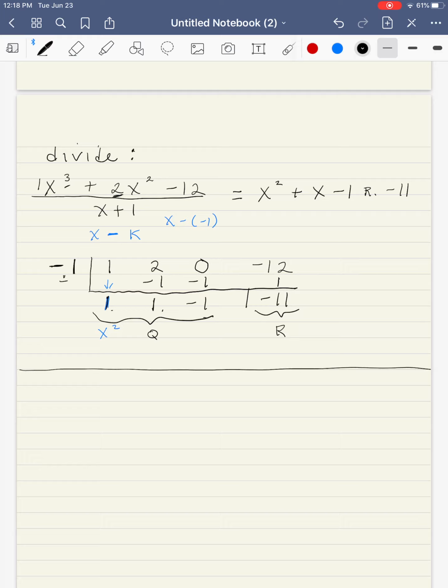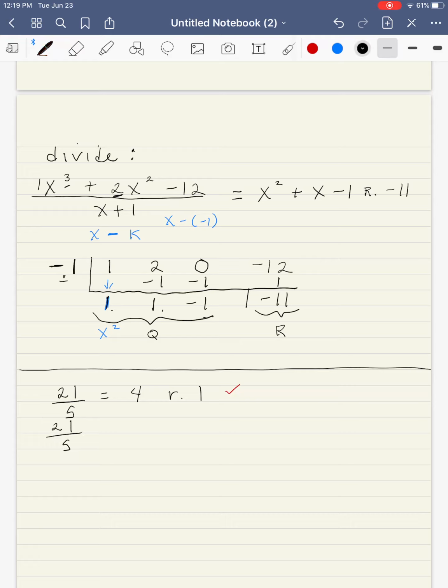Let's look back at this problem. We're going to rewrite this in a different way. This is just an example to kind of help you understand what I'm going to do next. Let's say I divided 21 by 5. And we see that 5 goes into 21 4 times with a remainder of 1. So this is a true statement.